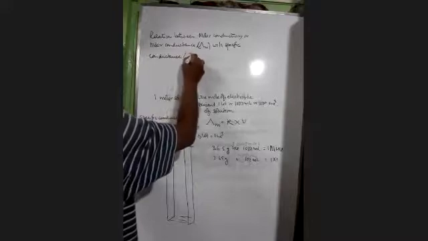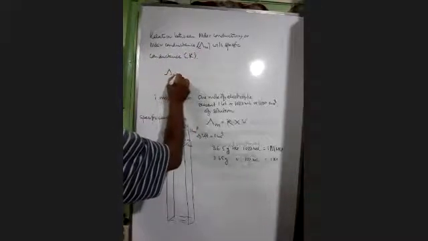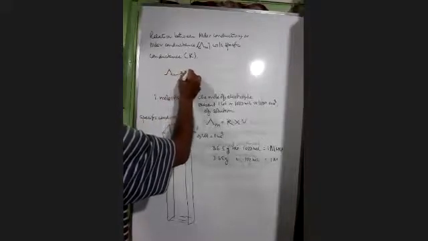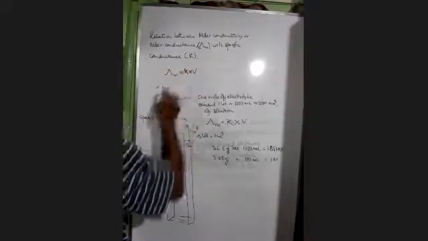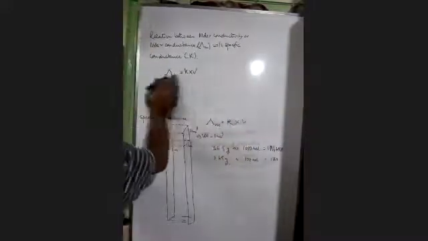What is this? I'll write lambda m is equal to kappa into V. If it is 1000 ml, V stands for 1000. If it is 500 ml, V stands for 500. If the molar solution contains 100 ml, V stands for 100. Okay? So this is the one.